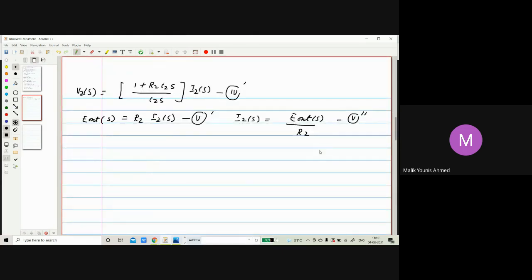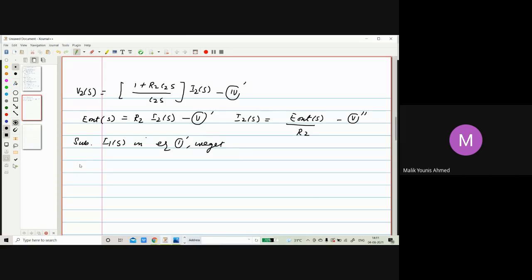So here substitute I1 of s in equation 1 dash. My aim is to get everything in terms of E out and E in. Then easily I can get the values.